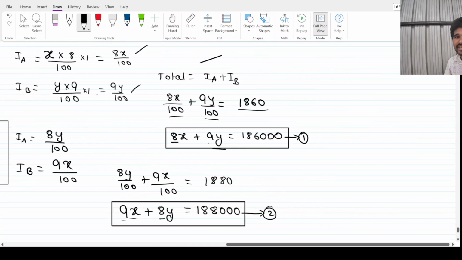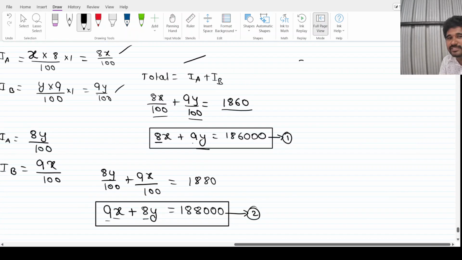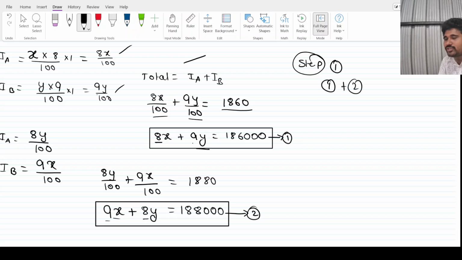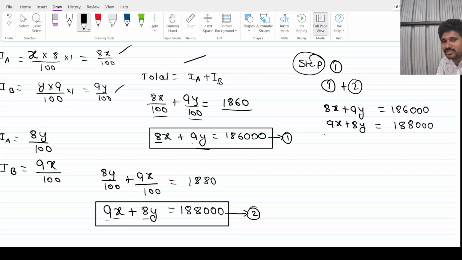First step, step 1: add equations 1 and 2. 8x plus 9y equal to 186000. 9x plus 8y is equal to 188000.